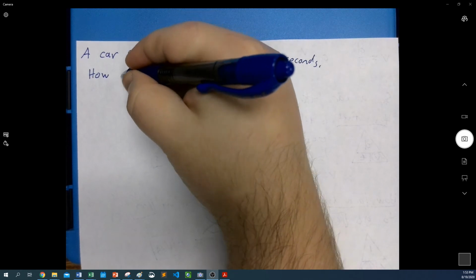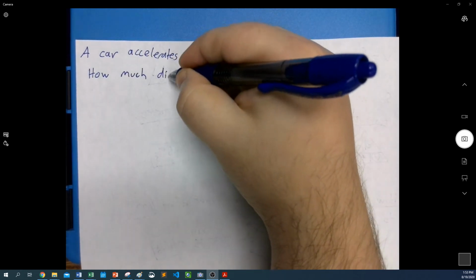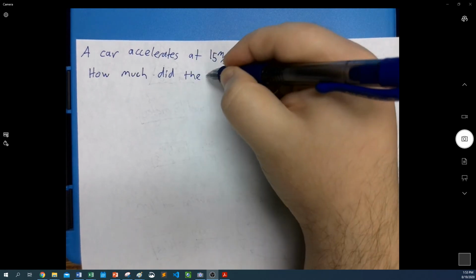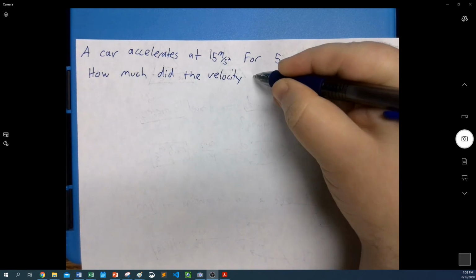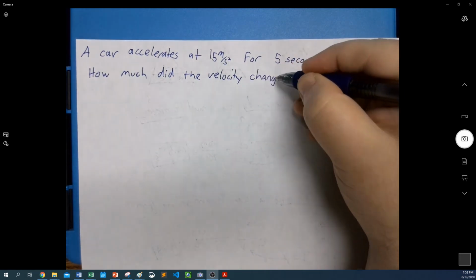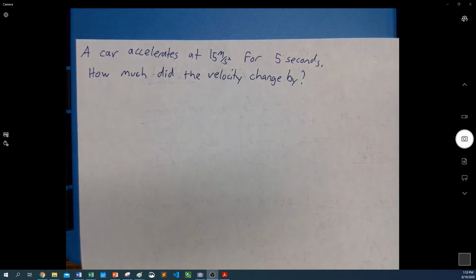How much did the velocity change? So a car accelerates at 15 meters per second squared for 5 seconds. How much did the velocity change by?